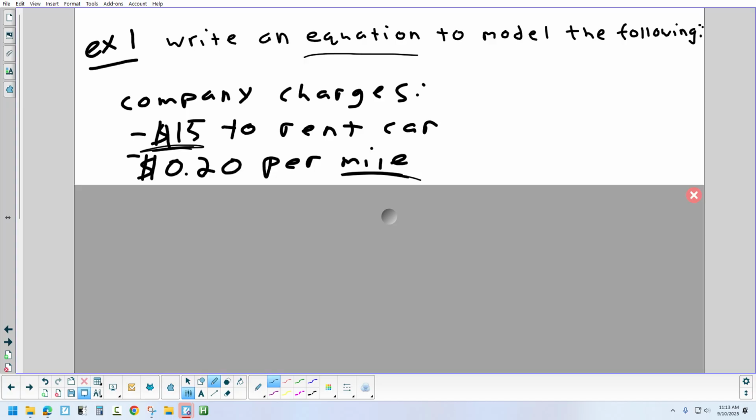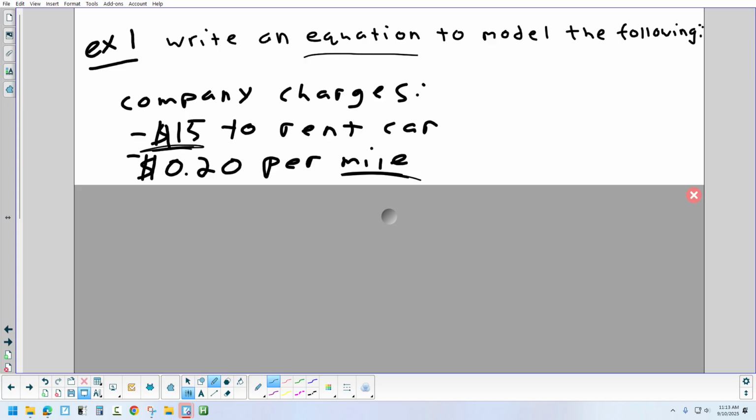Anybody think they know which one is going to be the X, which is the independent variable? The amount of money. Well, the 15, that's just an example of an amount of money. But in general, the amount of money to rent the car could be any amount. It could be $100, $600.